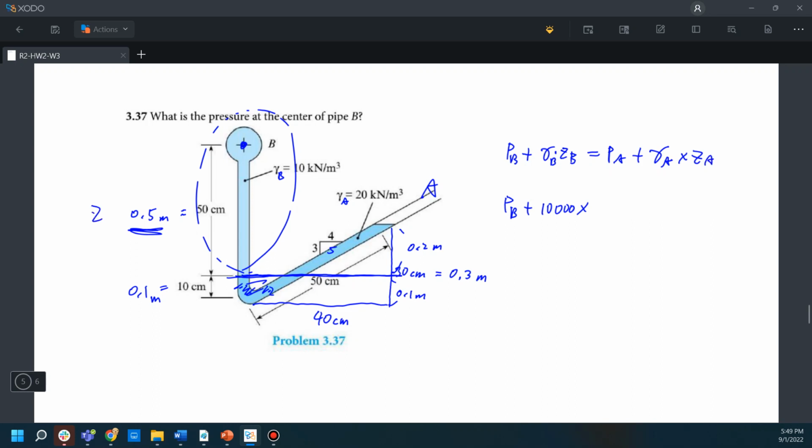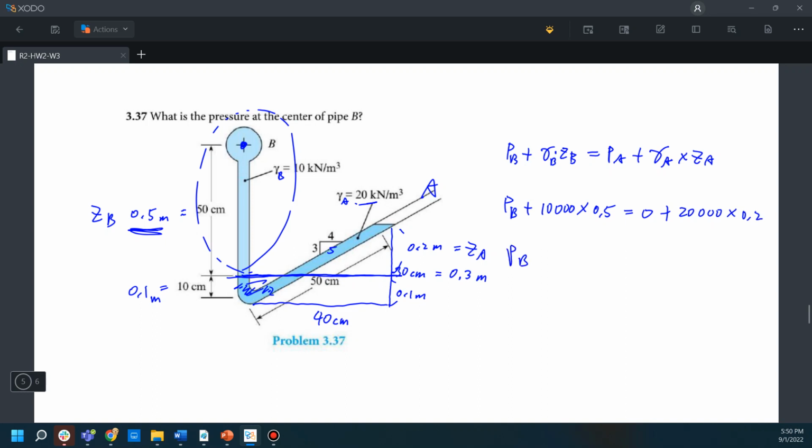Okay, so this is ZB, this is ZA, times ZB is 0.5, will equal to PA, and because it's open to the surface, the PA is equal to 0, and plus gamma A is 20 kPa times ZA 0.2.